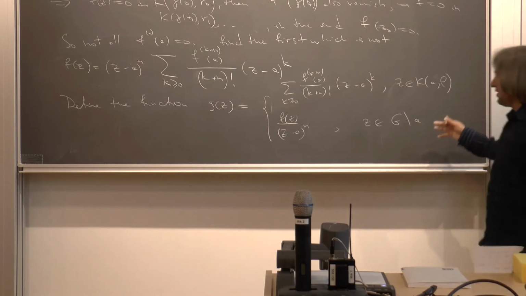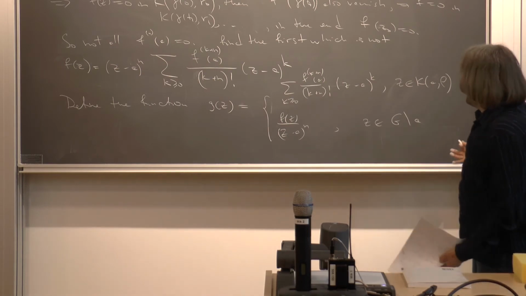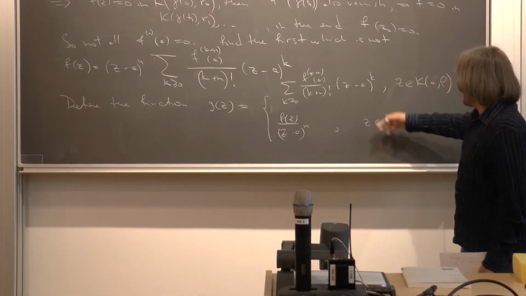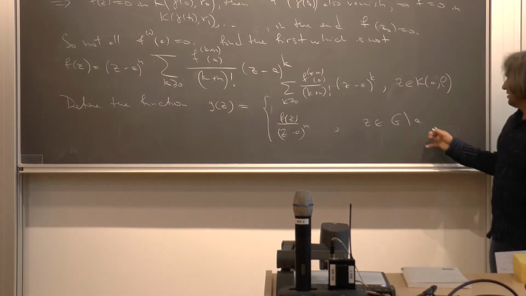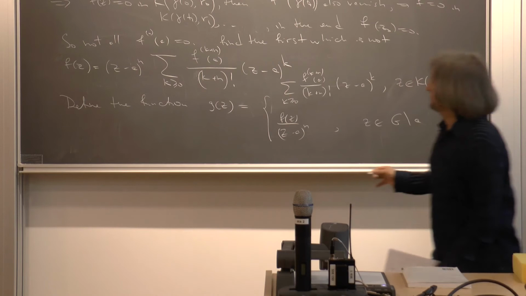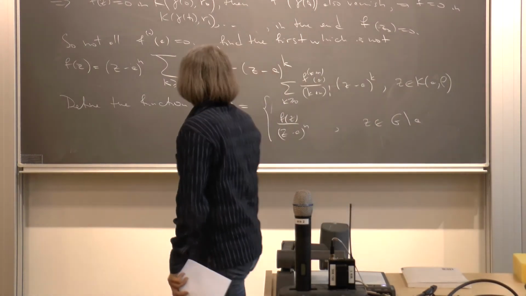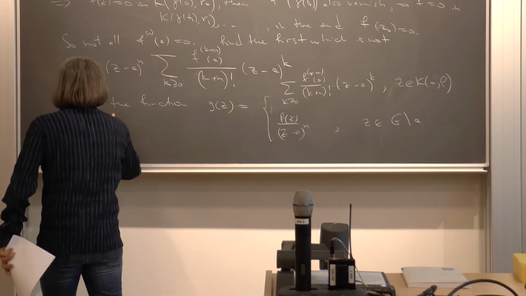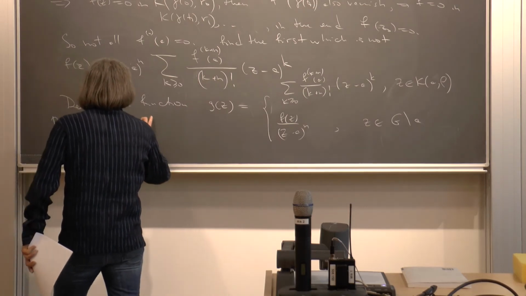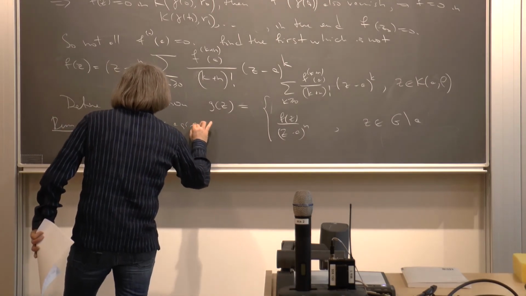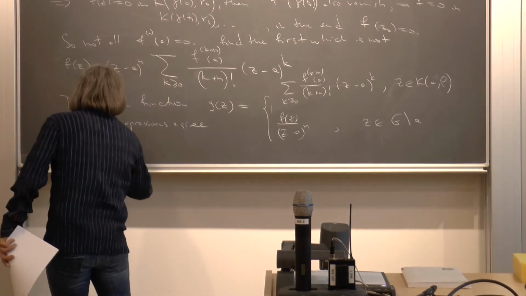So it's a well-defined function, and these two expressions match on the intersection. On the intersection, the punctured disk K prime(a, rho), these expressions agree.